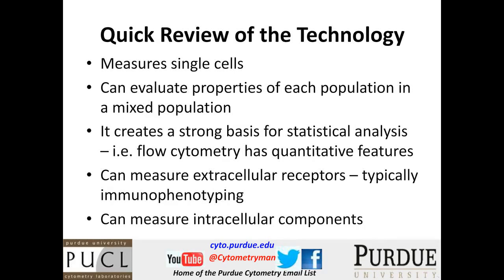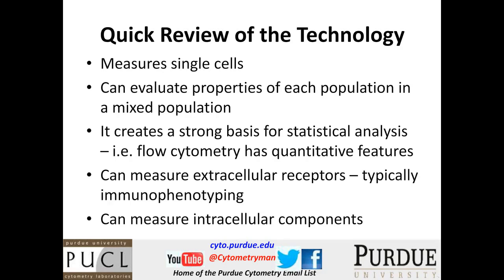So flow cytometry, as most of you know, measures single cells. It's the most unique technology for measuring single cells, and the reason is it can evaluate properties of each population of a mixed population without physically separating those cells.